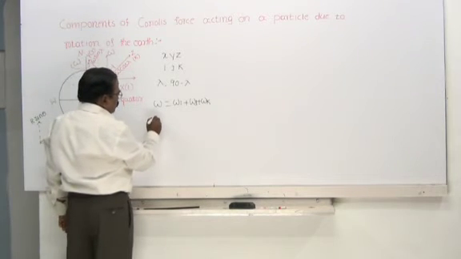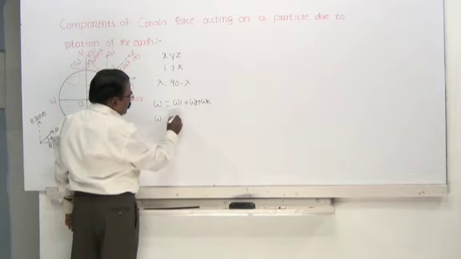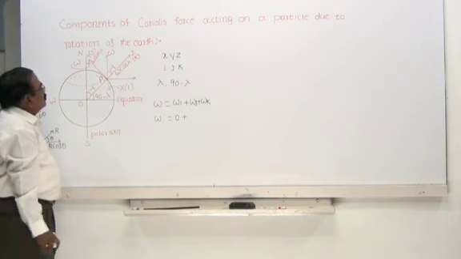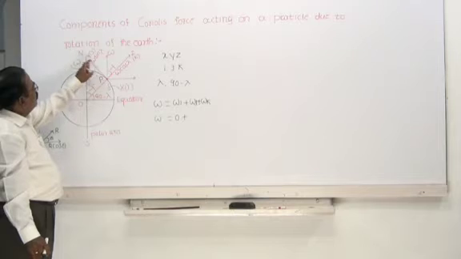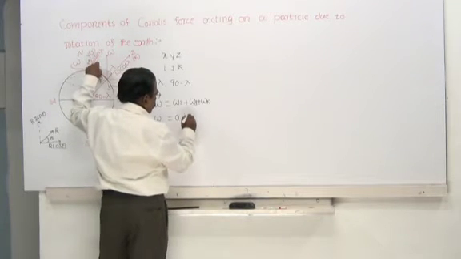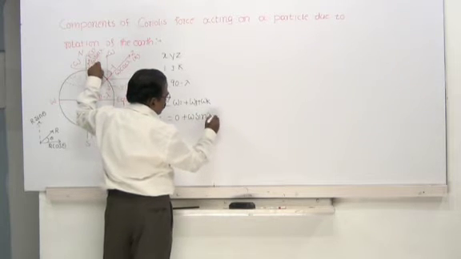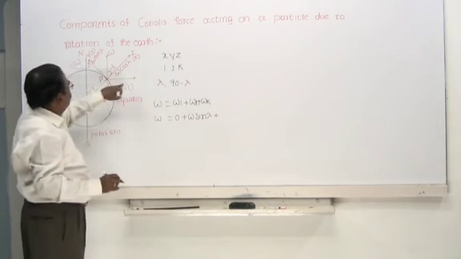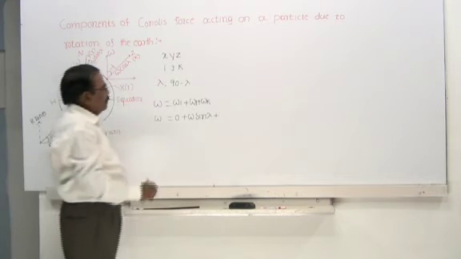Therefore omega is equal to 0 plus, the j component around the y-axis, omega sin lambda, plus around the z-axis, omega cos lambda.